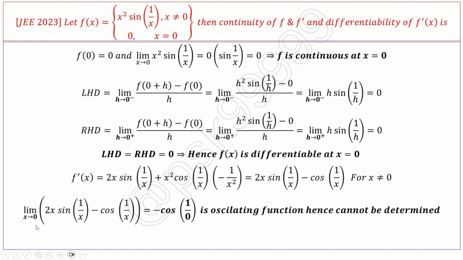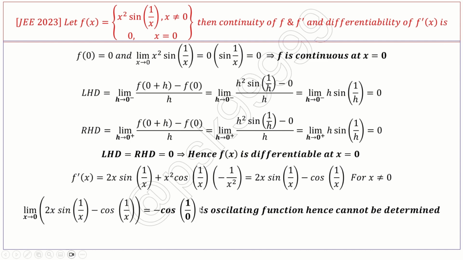Now limit x tends to 0 of this f dash x. If I substitute, sine(1/x) is an oscillating function, cos(1/x) is also an oscillating function, but here sine(1/x) is multiplied by x, which is 0, so I get 0 here. This term is 0, so I am left with cos only. Cos(1/0) is an oscillating function.